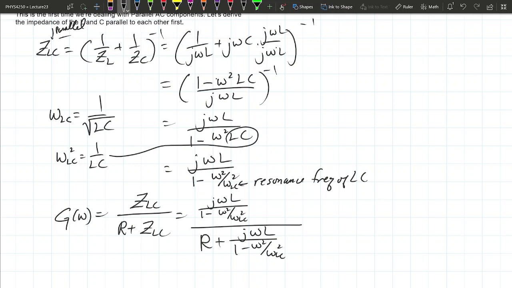Okay, let's see how we're going to simplify this. Let's multiply the top and bottom by 1 minus omega square, 1 over omega LC square, because this will cancel this out. If I did this to the numerator, I have to do the same thing to the denominator, just to be fair, or actually just doing math.